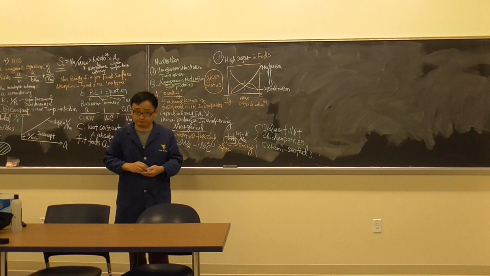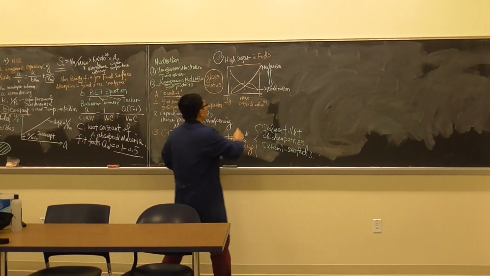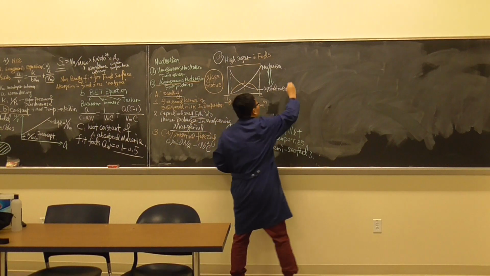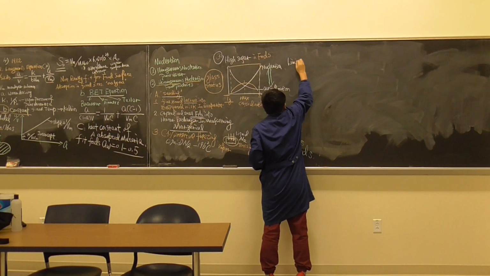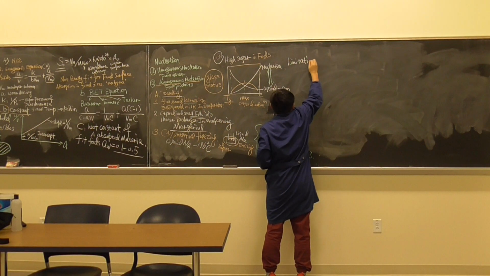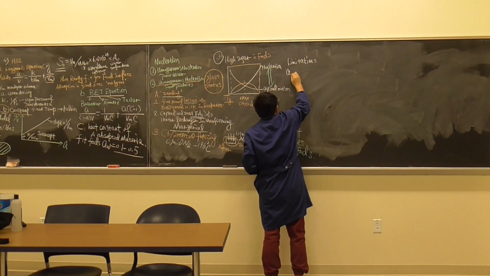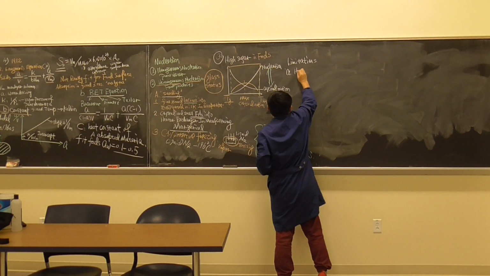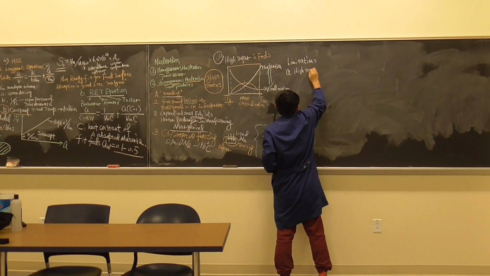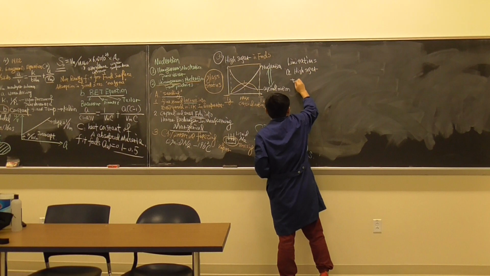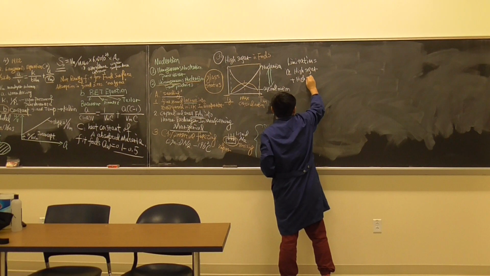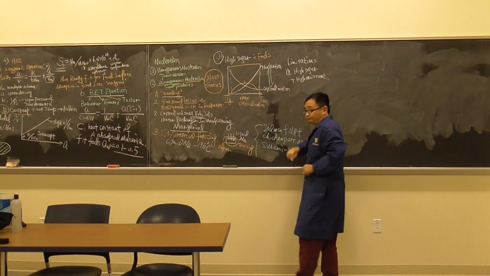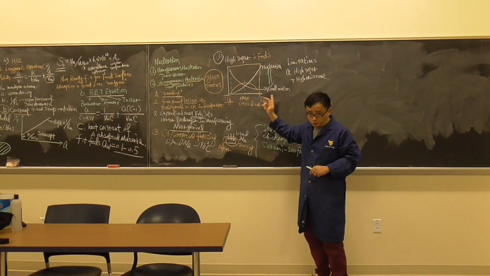However, this is tricky. You have high sugar in the food products. There are 2 limitations for that. What are the 2 limitations? Number 1, if the food product has high sugar and at the same time is high moisture, then it is very difficult to do supercooling.